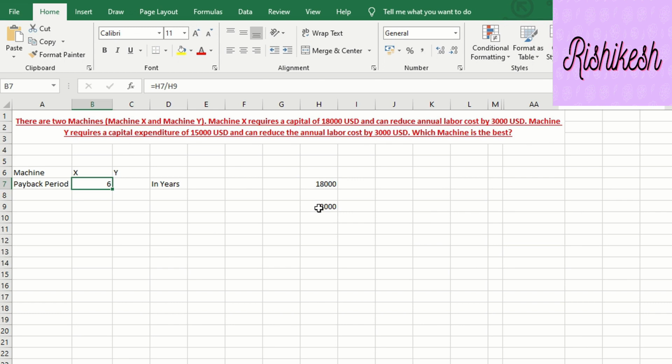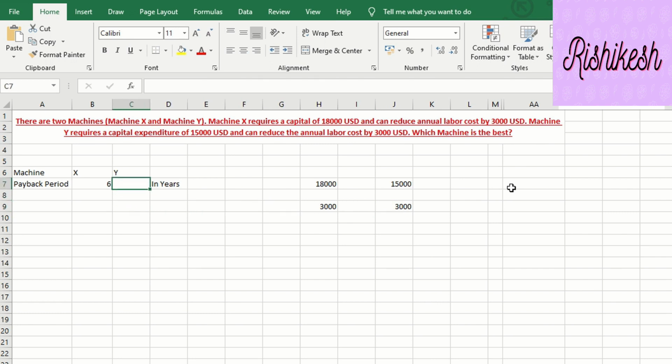So in 6 years, I can recover the entire 18,000 US dollars. Similarly, machine Y requires a capital expenditure of 15,000 US dollars, and the same gives you a reduction in the annual labor cost of 3,000 US dollars. Means there is a cash inflow of 3,000 US dollars on similar grounds.